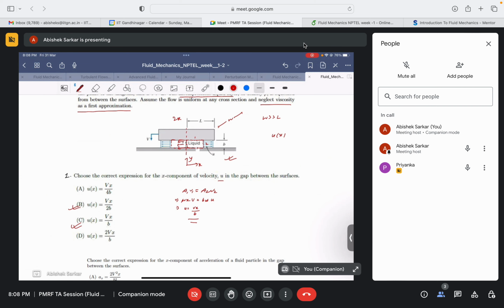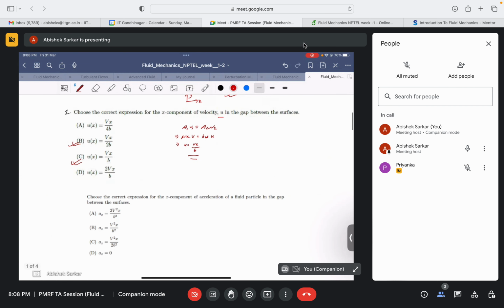Okay, and again. Yes, sir. Okay, so question number 2. Choose the correct expression for the x component of acceleration of a fluid particle in the gap between the surfaces. You need to find Ax.